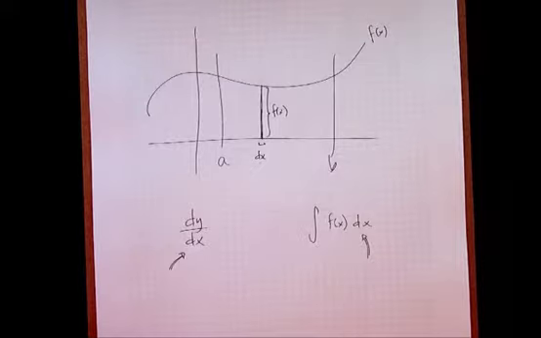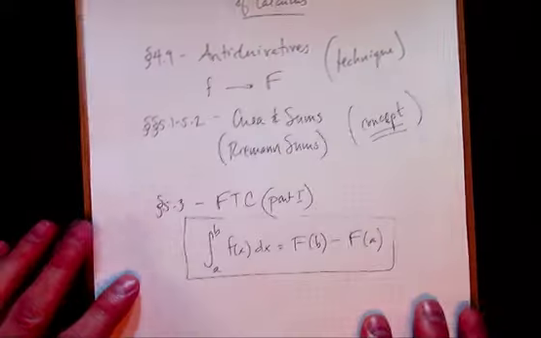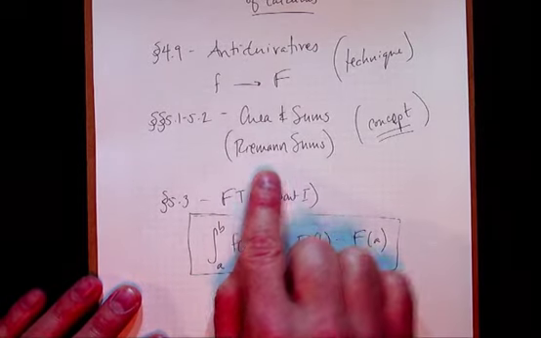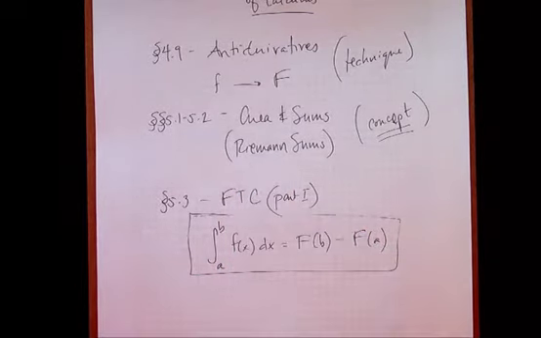Now, remember that I went through the Riemann sum stuff with you for the same reason we went through the limit definition of the derivative, and that's because each time you do the technique, you need to know what's going on conceptually behind the scenes, and that limit is going on, okay?